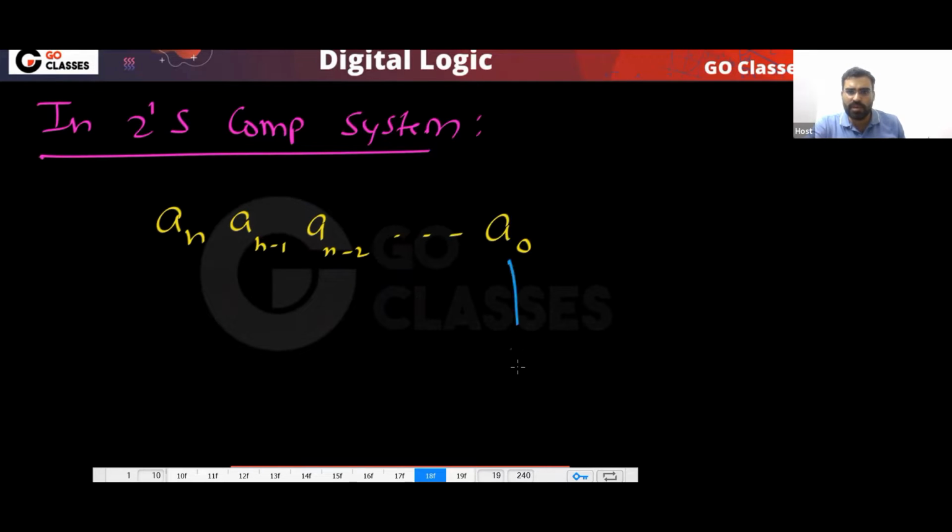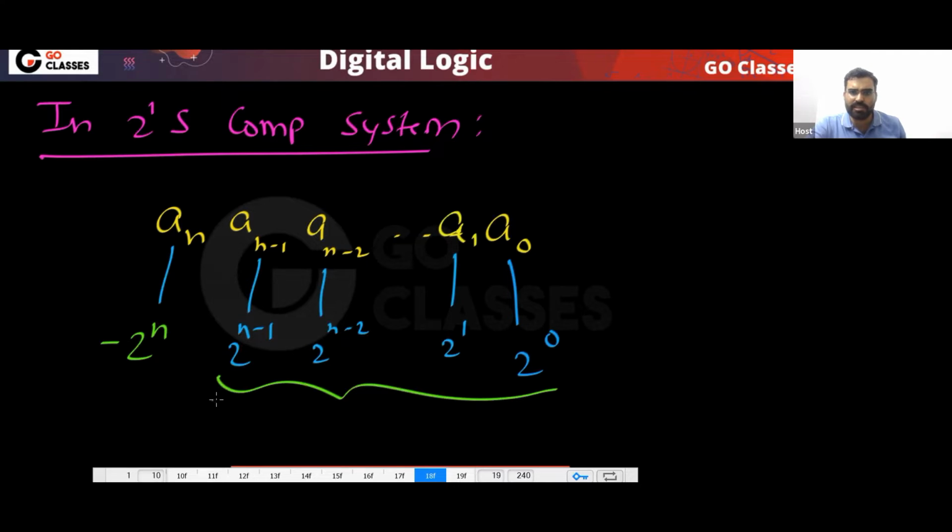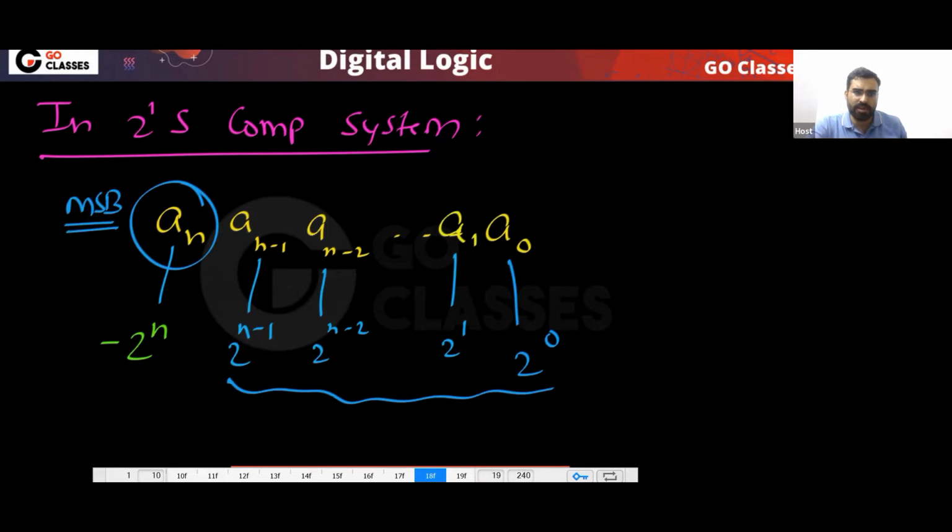Then a0 has weight 2 power 0, a1 has weight 2 power 1, an minus 2 has weight 2 power n minus 2, an minus 1 has weight 2 power n minus 1, and this is important: an has weight minus 2 power n. Everything else has the same weight as the binary number system, but the MSB has negative weight, minus 2 power n in the 2's complement number system.